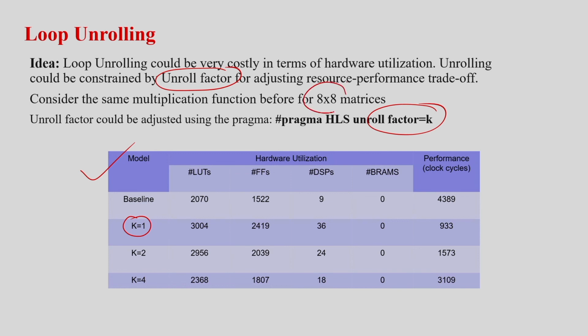Here I just put some results. I take an 8 cross 8 matrix, and for the rolled implementation this is the resource utilization and this is the number of clock cycles, right. You can see here there are 9 DSP multipliers, and these are the other units. When I completely unroll, my multipliers are not 8 times, it is only 4 times, because it is an 8 cross 8 square matrix multiplication.